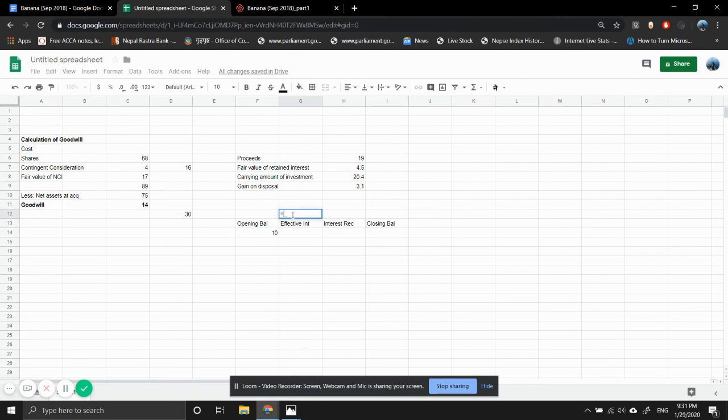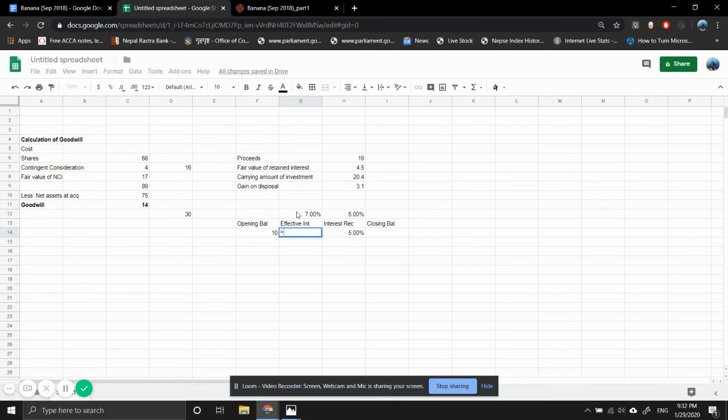Is equal to 7. So what I'll do is put the percentage, so 7 and then 5. Right.